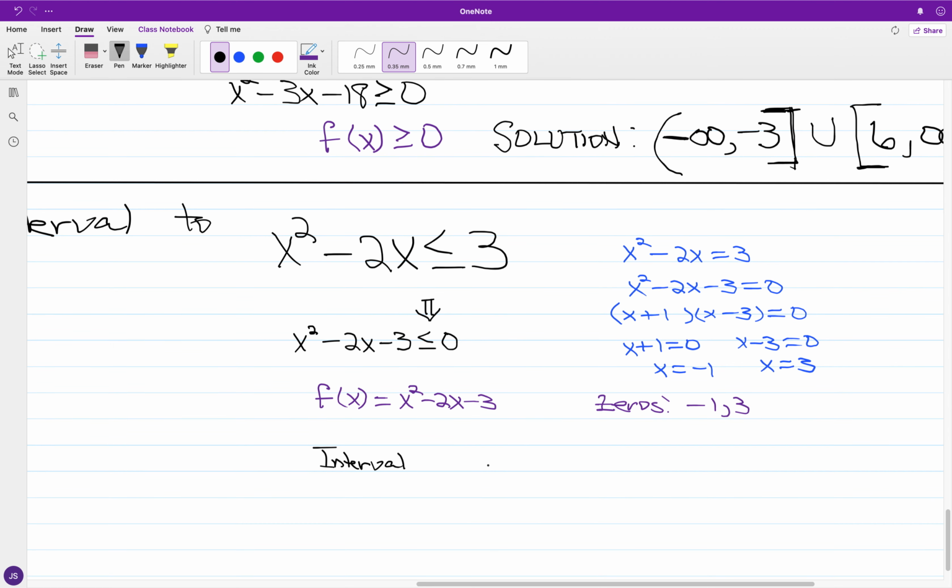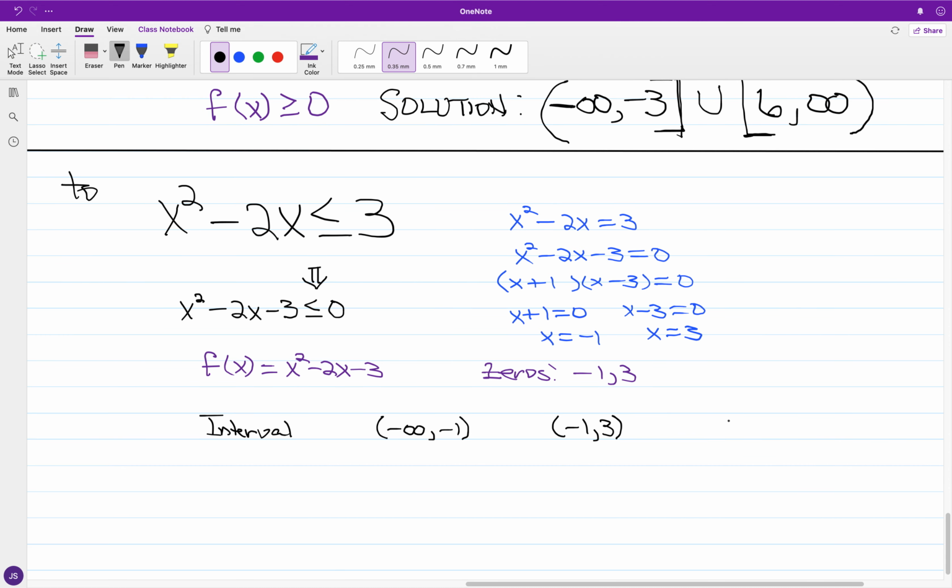Now just setting up the intervals. You have your zeros at negative 1 and 3. Negative 1 is the smaller zero, so the first interval is between negative infinity and negative 1. Then we have between negative 1 and 3. And with 3 as the second and last zero, we have the set of values x that are greater than 3.